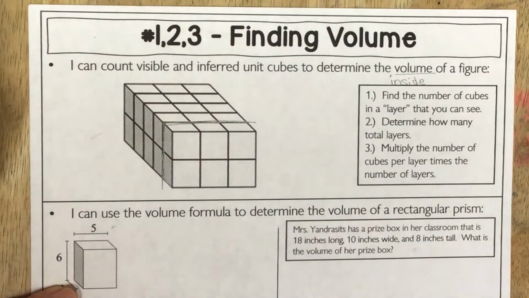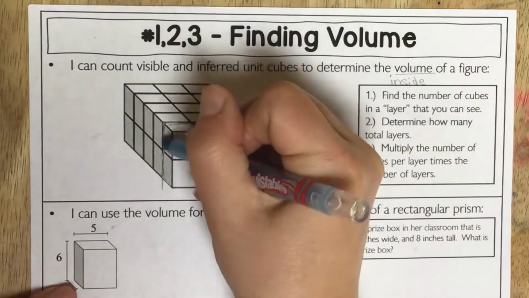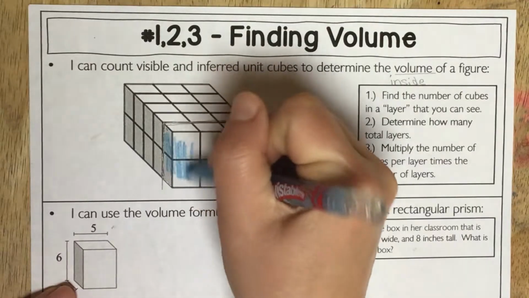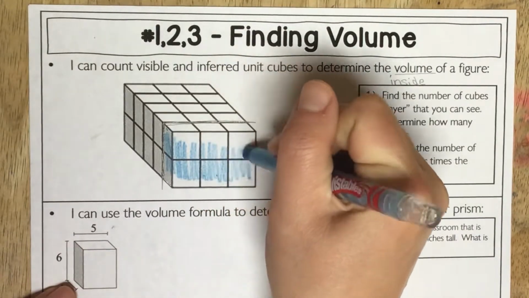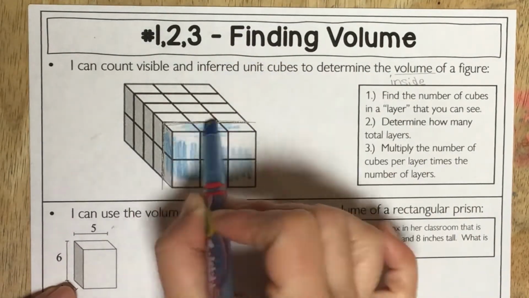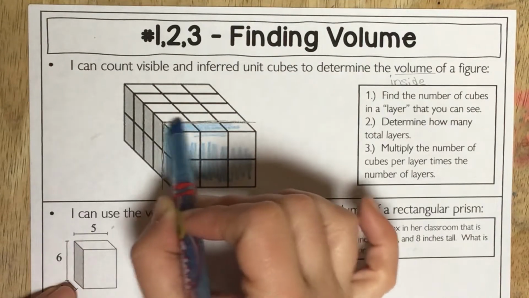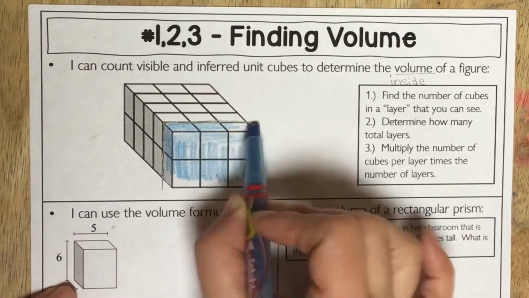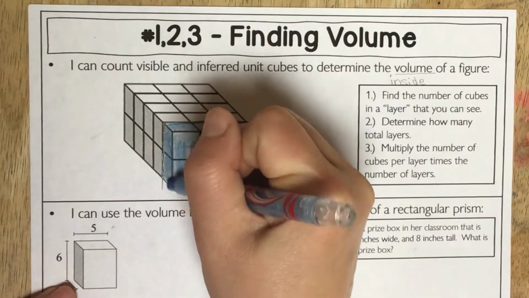And then I'm going to take my blue and I'm going to color that first layer in blue. I'm thinking about what it would look like if I just took one layer of those cubes and pulled it away. I'm going to look at just that layer.